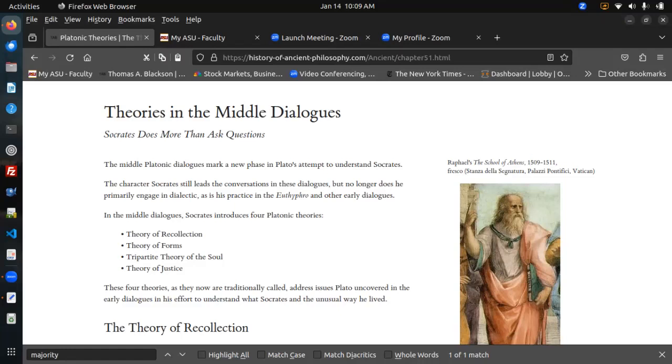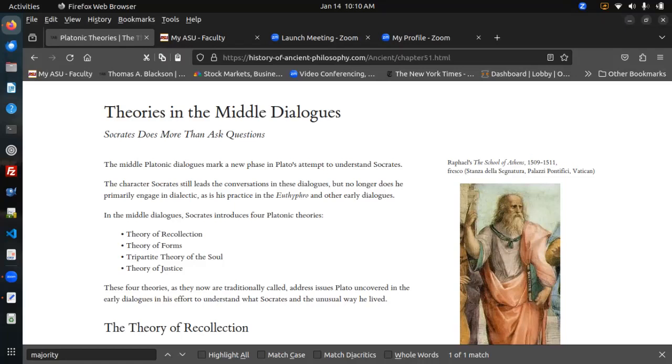Dialectic, the question and answer that Socrates engages in with his interlocutors, helps them abandon these false beliefs. And when they've abandoned them, they're supposed to be left with the right answer to Socrates' question. The theory of recollection, the theory we see in the Meno and the Phaedo, helps make sense of how Socrates could be right about this. So this is an example where Plato's filling in missing details.